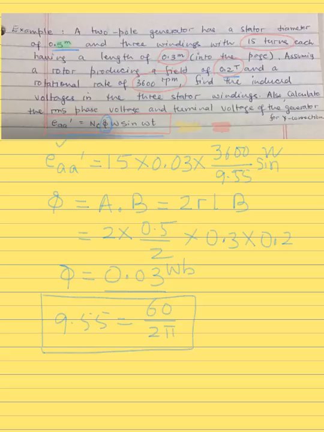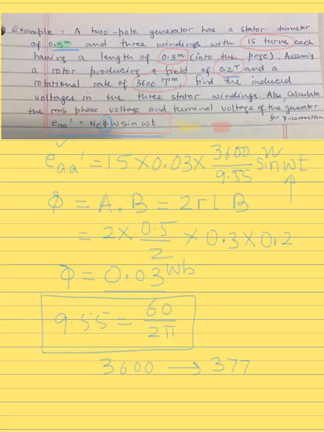So sine of ωt, and this ω is the same thing as we have calculated: 3600 RPM goes to 377 radians per second. So you can substitute ω as 377 in here.